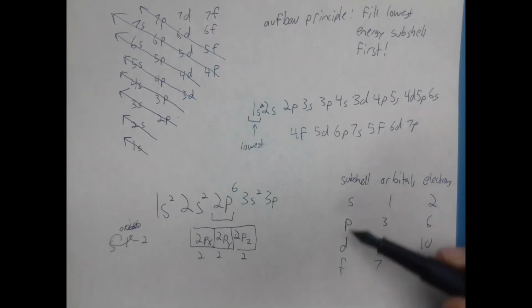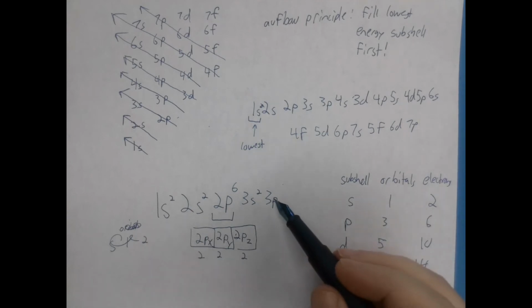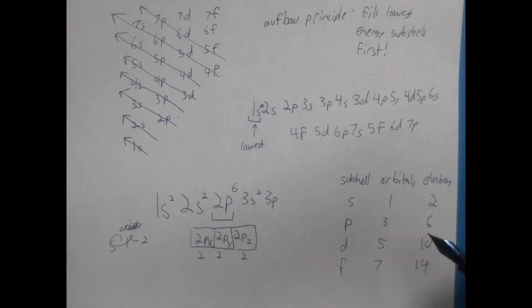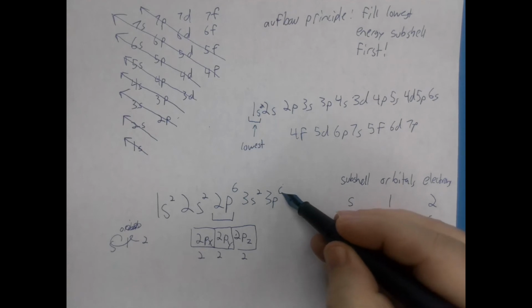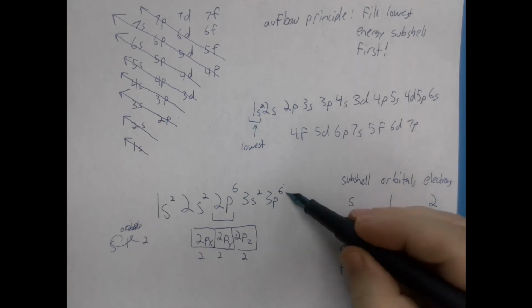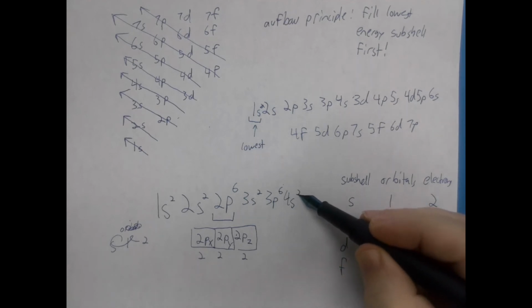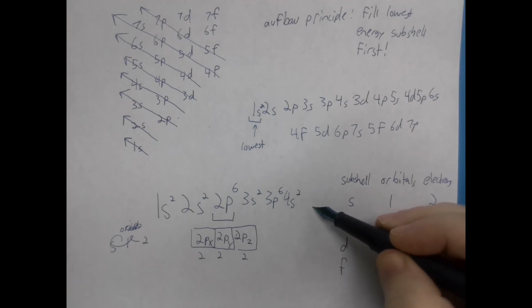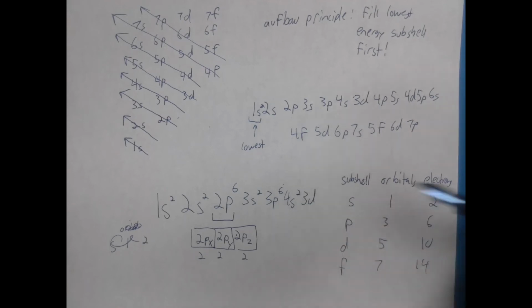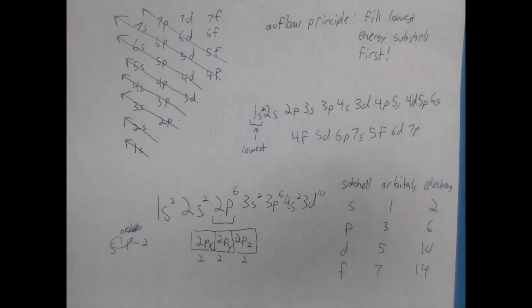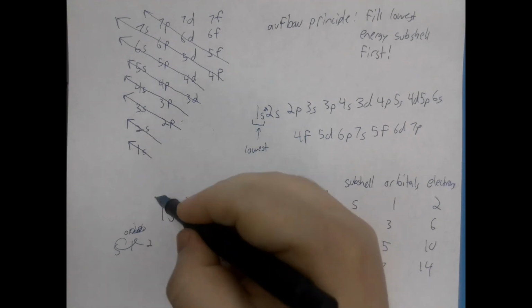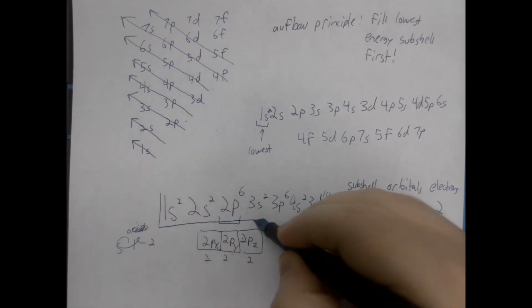So you memorize this. For the P, there is at most 6, and 4s is at most 2, and then when we get 3d, 3d can have up to 10 electrons in it. And this would be an electron configuration.